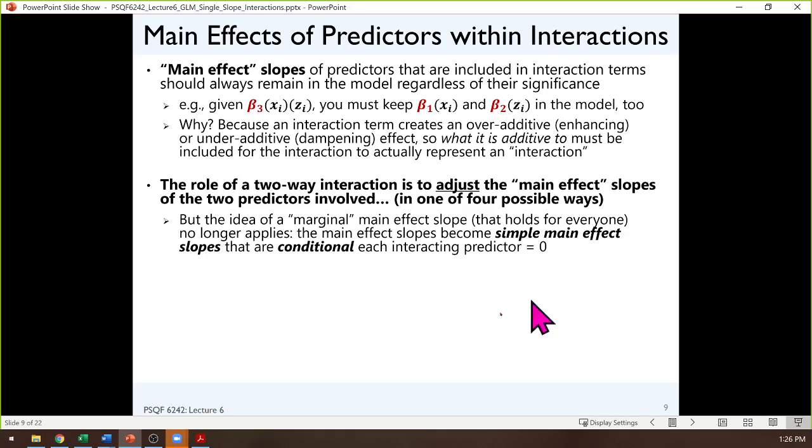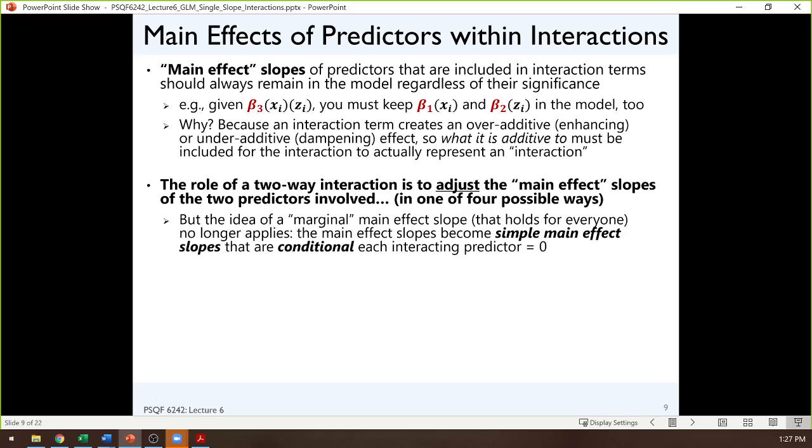In talking about how the main effects change, though, we can no longer talk about just beta 1 is the slope of x and beta 2 is the slope of z. Those descriptions are not specific enough. Once a predictor is part of an interaction, its main effect slope is specific to the other variable being 0.